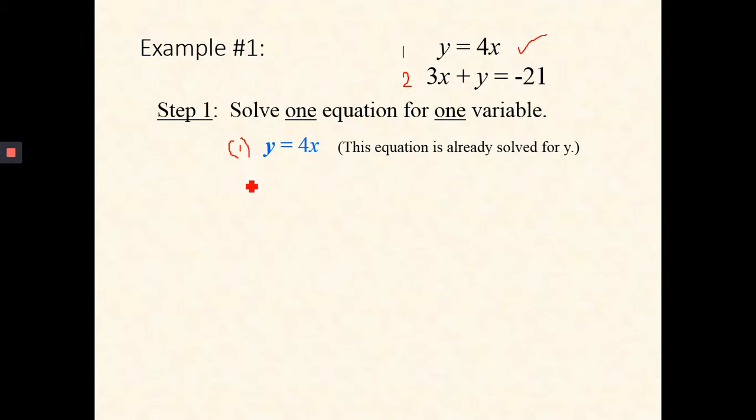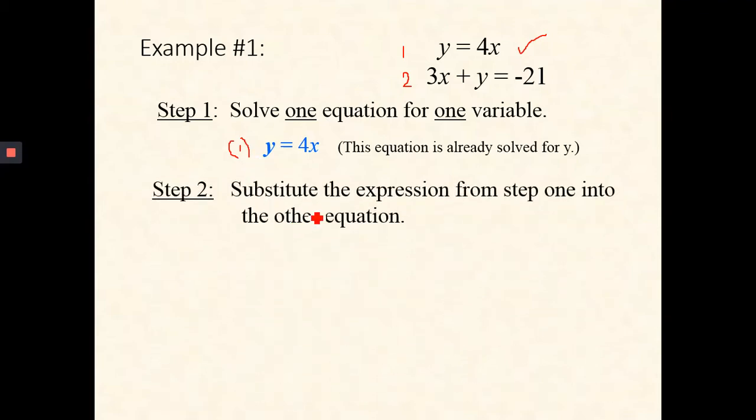So in step 2, we substitute the expression from step 1 into the other equation. In step 1, we used equation 1. Therefore, in step 2, we're going to use the second equation, 3x plus y equals negative 21.